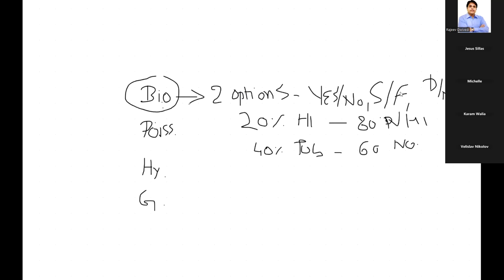How to do it? And the most important thing in binomial distribution is that you have to identify three things. One is the pi value, the proportion. Second is the n value. Third is the x value.